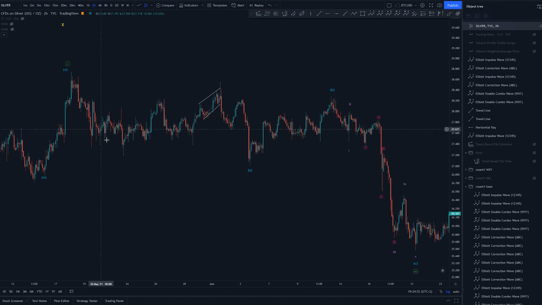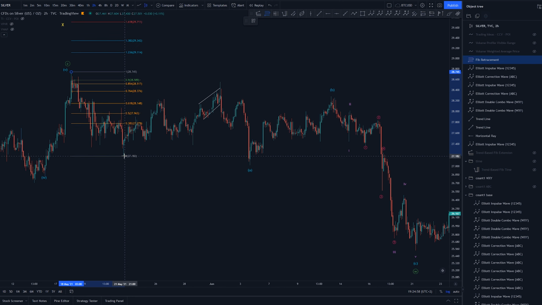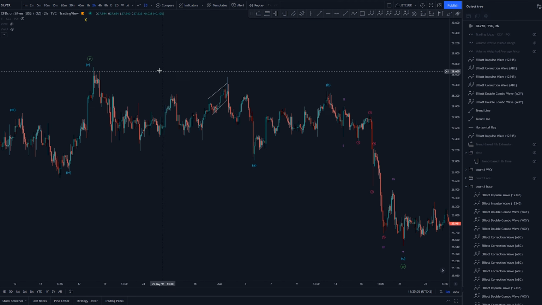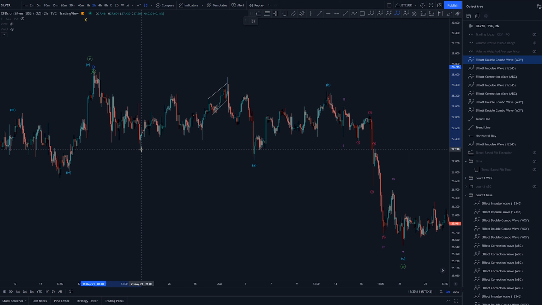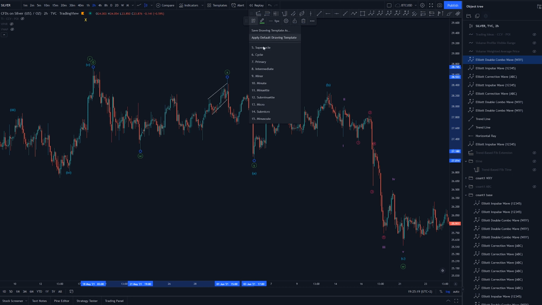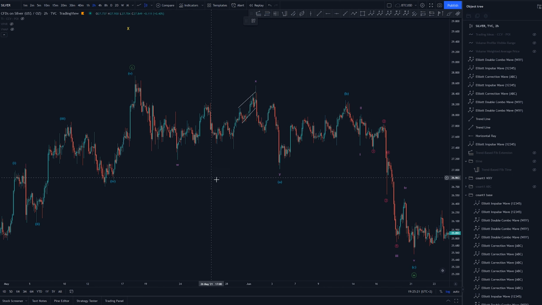It looks like some kind of a flat. If we place something here, yeah, it's around 90%, but this last wave is 3, which usually entails that it is WXY. And this scale would be 1 lower, so it would be subminuet.